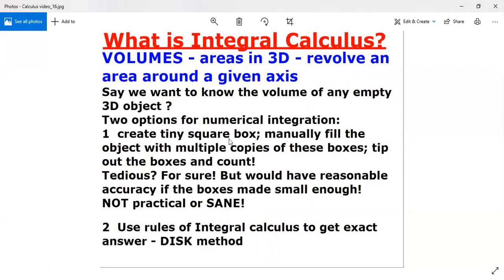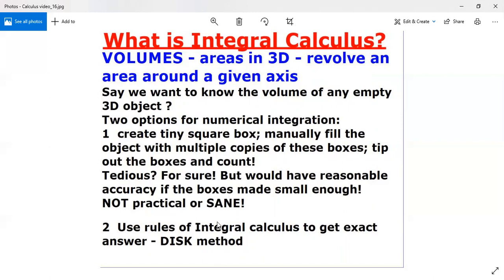Again, we add tiny, tiny small pieces together, fill up that volume to its full and then add up all the multiple copies of these pieces, and you would be able to get a ballpark figure. Very tedious. You can get it reasonably accurate if you use tiny small pieces, but not particularly practical, not particularly sane, but there's nothing to stop you doing that.